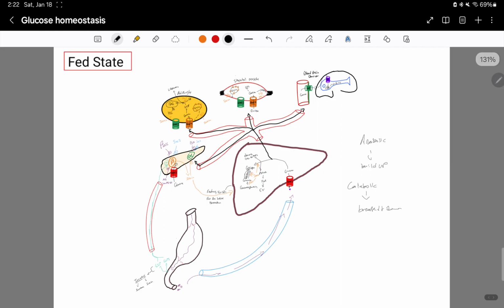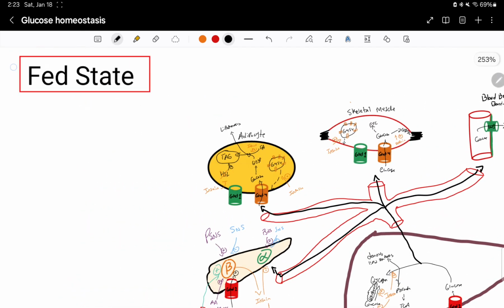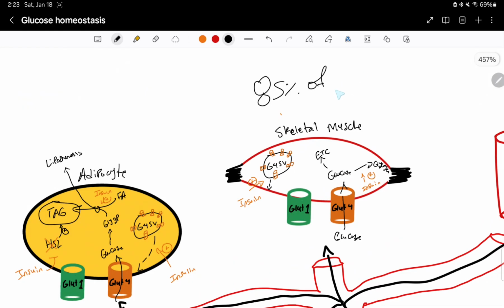Anyways, so what are the percentages here? Well, in a fed state scenario, the skeletal muscle contributes to about 85% of glucose utilization, and because it has to use this GLUT4 transporter, we say that it is 85% of insulin dependent glucose uptake.